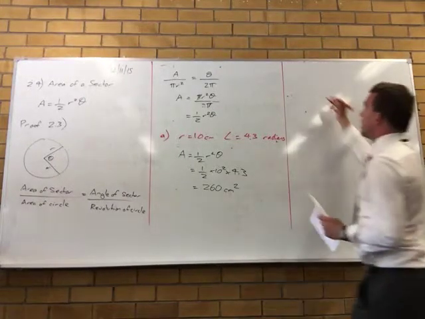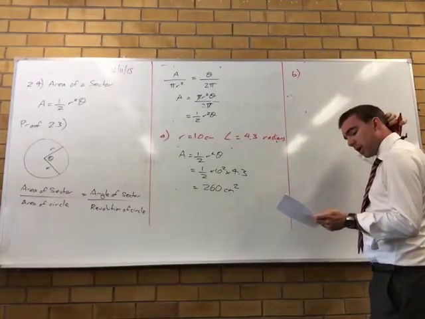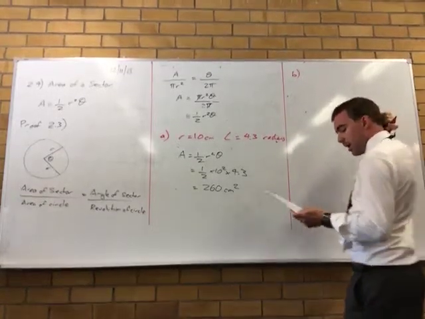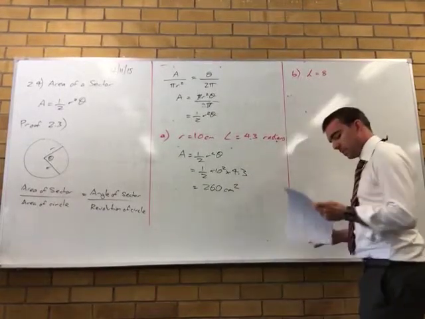Right, so B. The length of the arc AB on a circle with centre O and radius 10 centimetres is 8 centimetres.